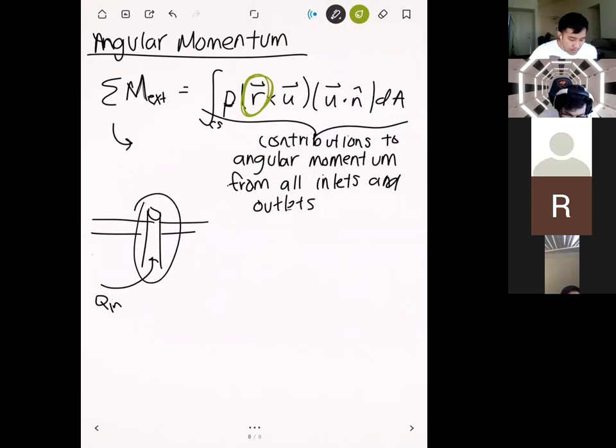In this problem, our inlet goes right up the shaft, so the inlet makes no contribution to the angular momentum because there's no distance between the inlet and the axis of rotation.